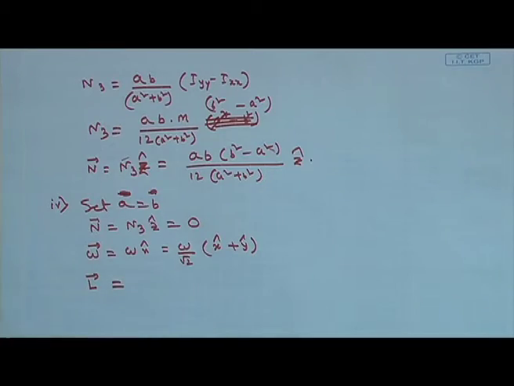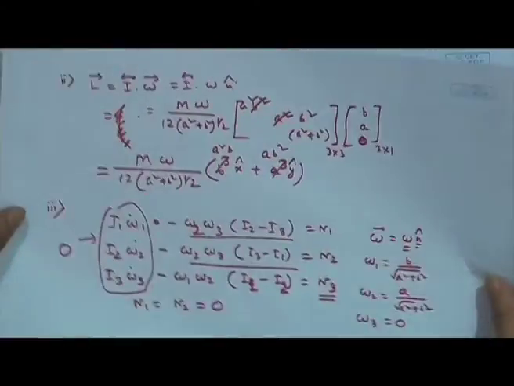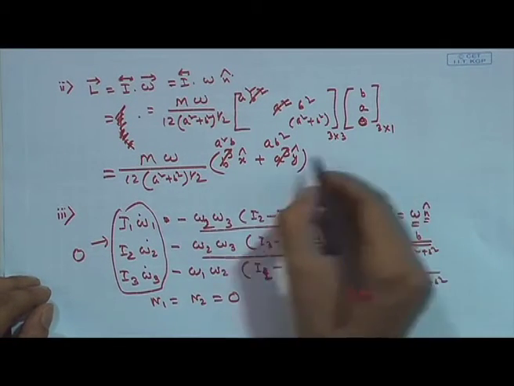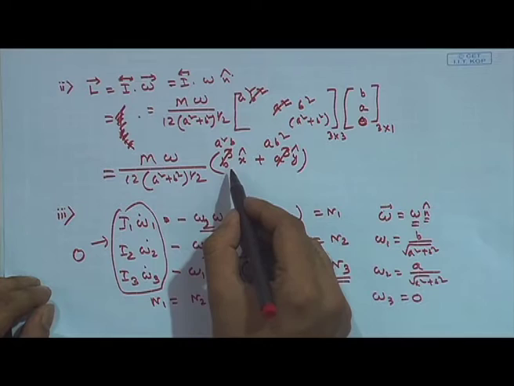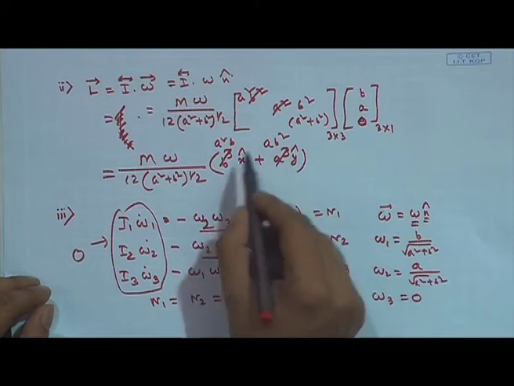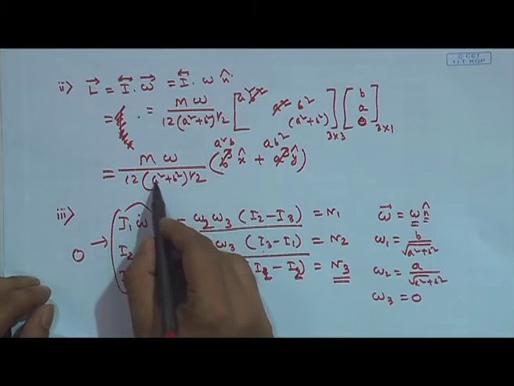Of course, we have an expression for L. So I'll write out the final expression here. You set a equal to b, this will be a cubed and a cubed, so 2a cubed, and this will be 2a squared to the power half.